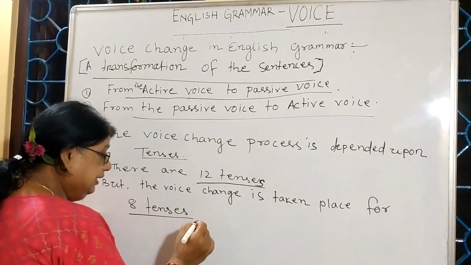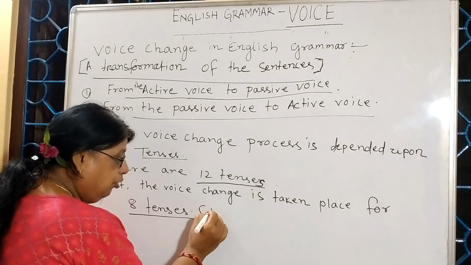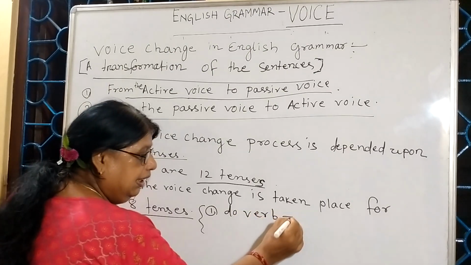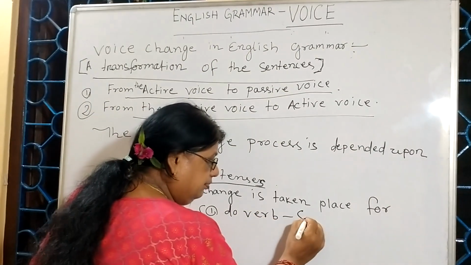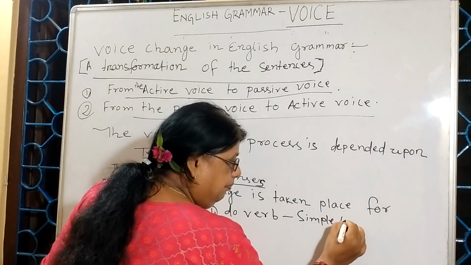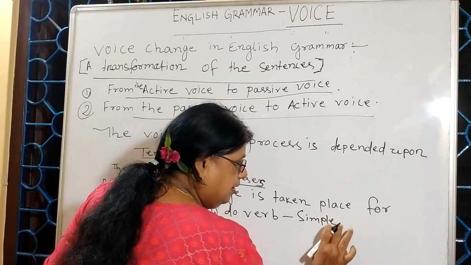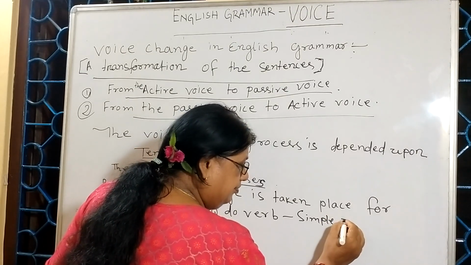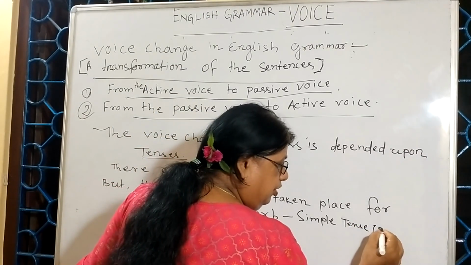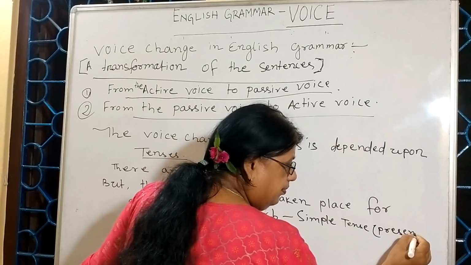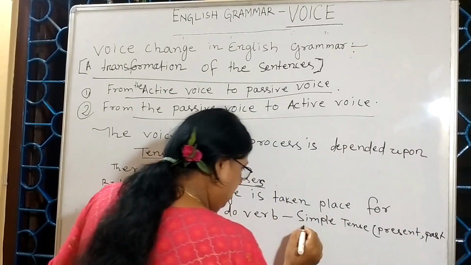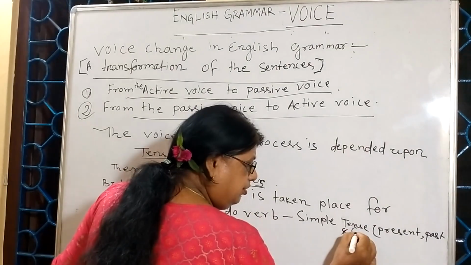So, these are done. One is do verb. It's simple. Present, simple tense, present, past and future.